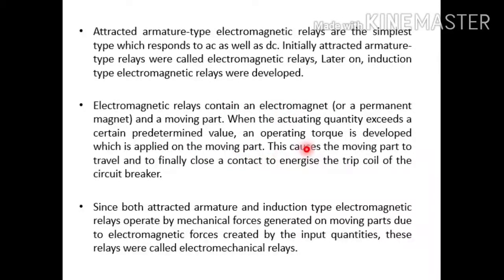Now this moving part has to travel and finally close the contacts to energize the trip coil of the circuit breaker. Since both the attracted armature and the induction type electromagnetic relays operate by mechanical force generated on moving parts due to the electromagnetic forces created by the input quantities, these relays are called as electromechanical relays.